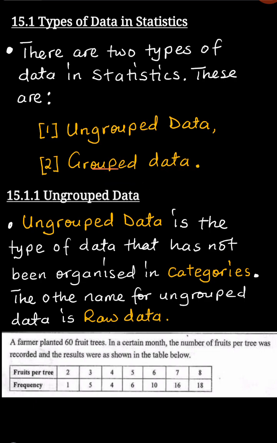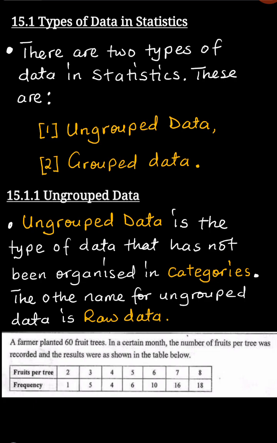Here, we are going to start our lesson by learning and understanding what ungrouped data is all about. Now, ungrouped data is the type of data that has not been grouped in categories.